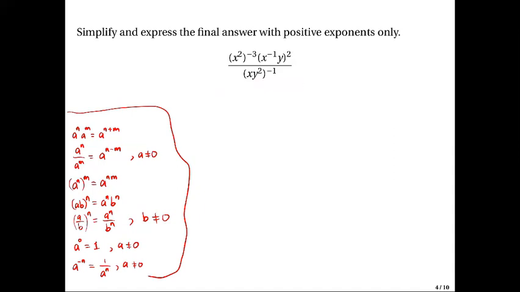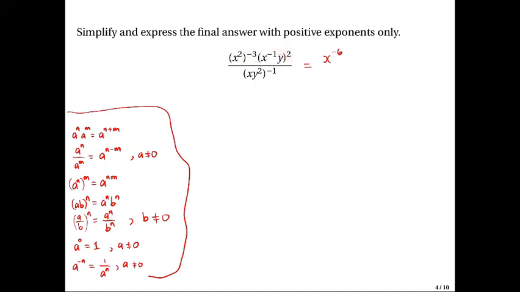So let us do that. We have 2 here and then negative 3 here. So we just multiply the exponents. We'll have x raised to negative 6. For this, we have to distribute.